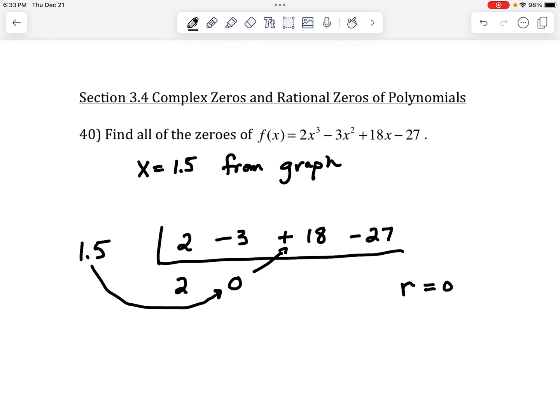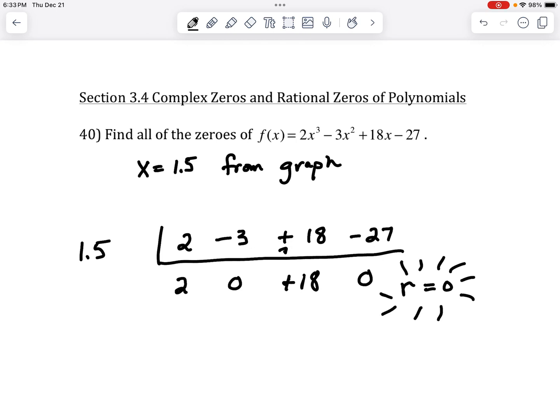And then add that to the 18, which is not going to change the 18. And then 1.5 times 18 actually happens to be 27. And then you add that to -27. And so the remainder is 0, just as advertised. Woohoo!